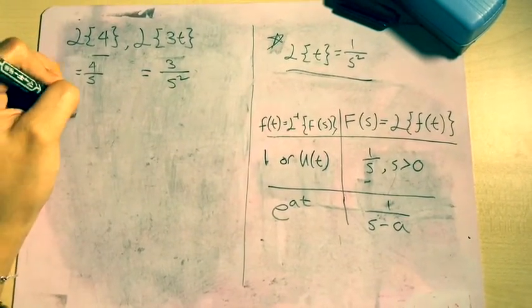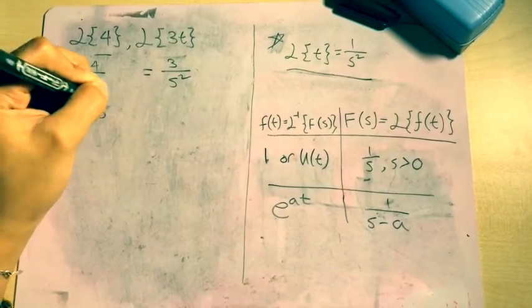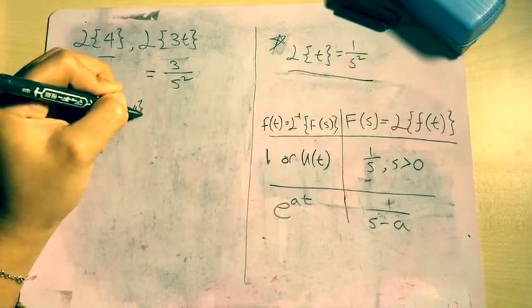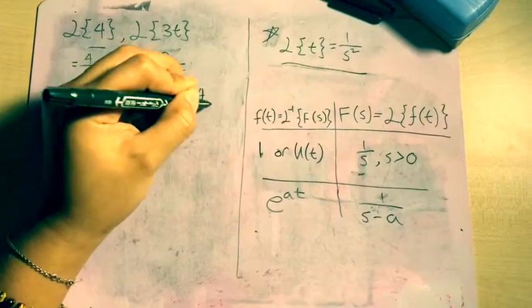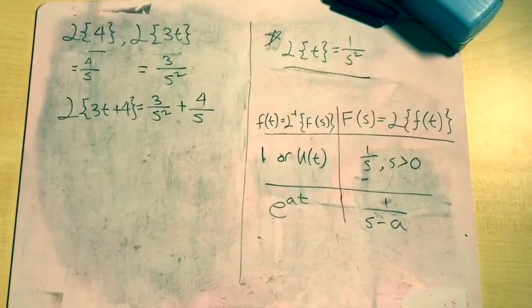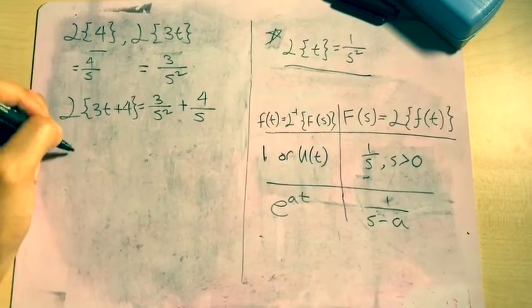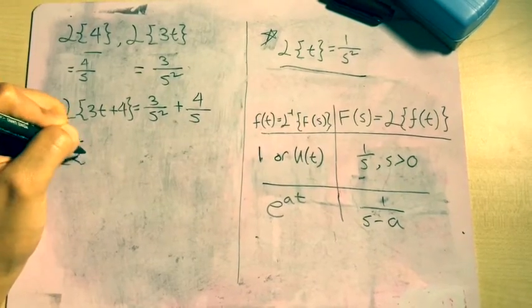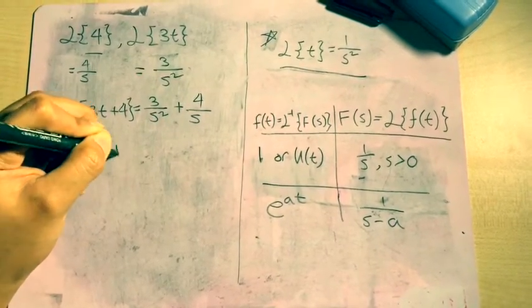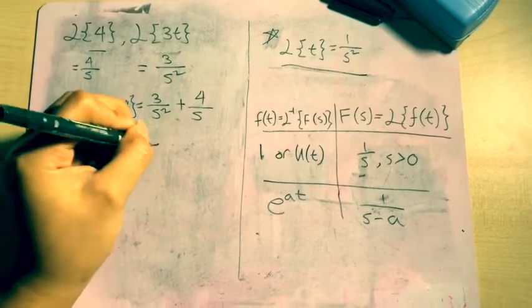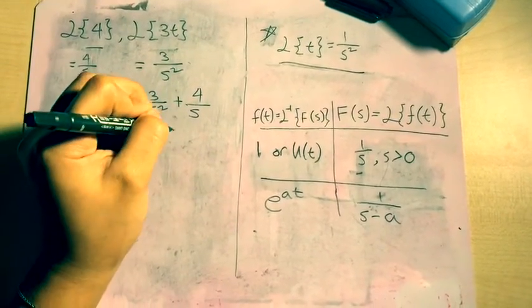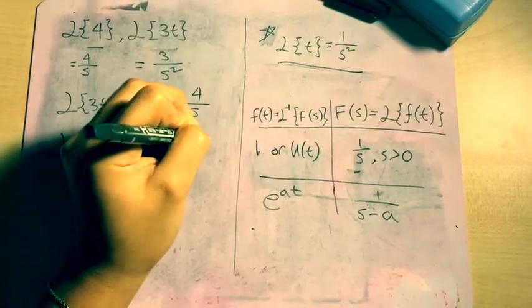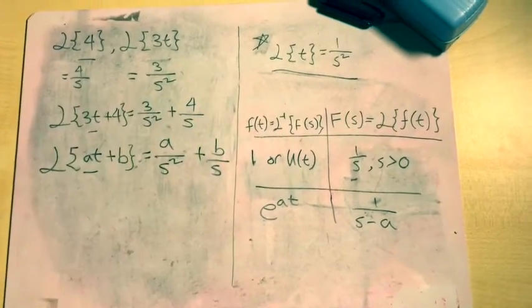So if you were given Laplace transform of 3t plus 4, your answer would be 3 over s squared plus 4 over s. Another example, if you were given at plus b, your answer, a over s squared plus b over s. It's similar.